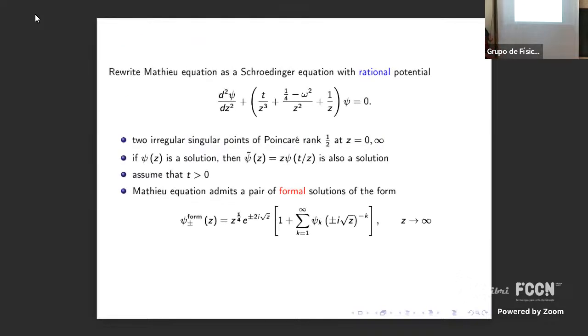Now I would like to explain quickly this conjecture by people from Trieste. I rewrite the Mathieu equation in the form that I like. As I said, this is a rational potential with two irregular singular points. The parity symmetry that we had for the Koch potential is this symmetry here. Now, this equation admits a pair of formal solutions of this form, and the actual solutions are determined by the requirement of being asymptotic to that inside certain sectors.